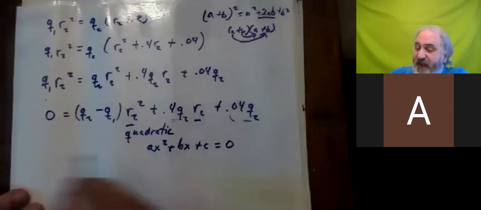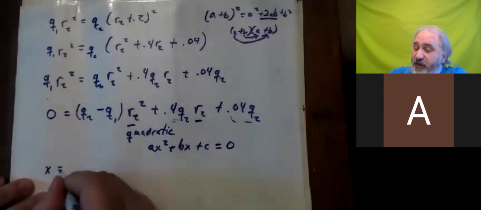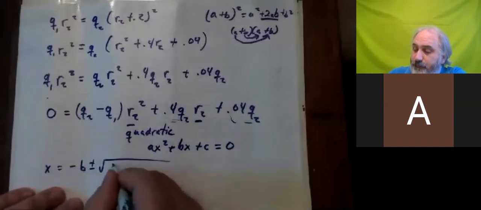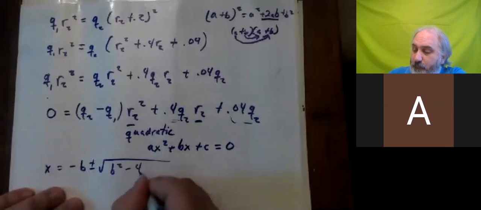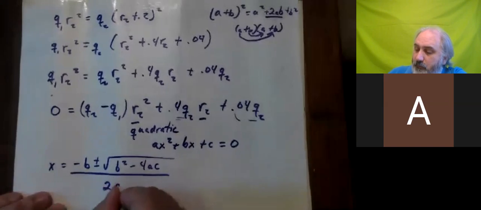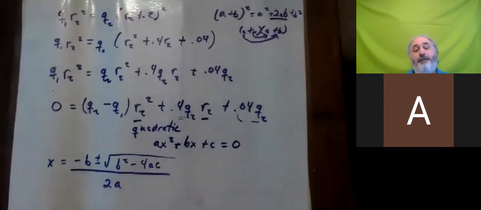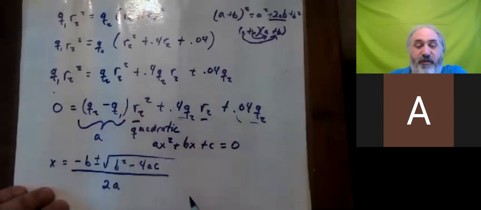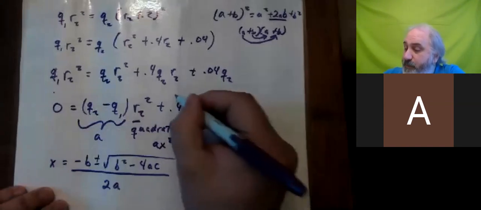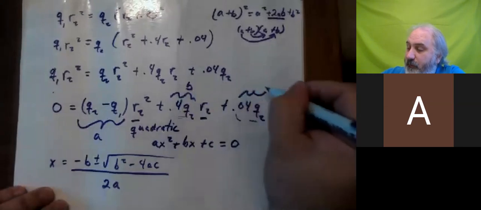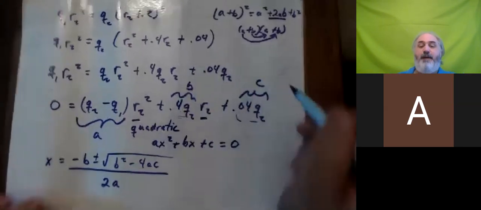And if that's the case, x has to equal negative b plus or minus the square root of b squared minus 4ac, over 2a. Right? So for this problem, what is a? It's the stuff that's times the x squared. What is b? It's that. What is c? It is that.